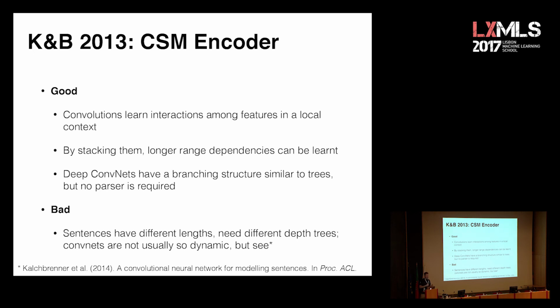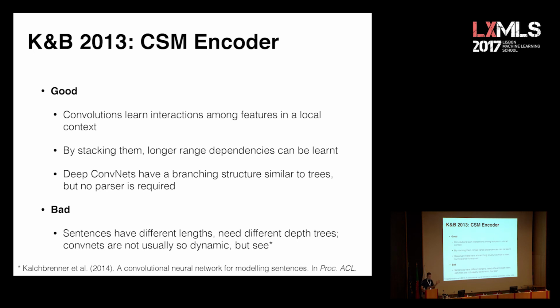The difficult part, though, is that because sentences have different lengths, if you want to use deep ConvNets to project them down into a single-size vector, you've actually got to use different numbers of layers depending on the length of the sentence. So there's a follow-on paper that was looking at this stuff.